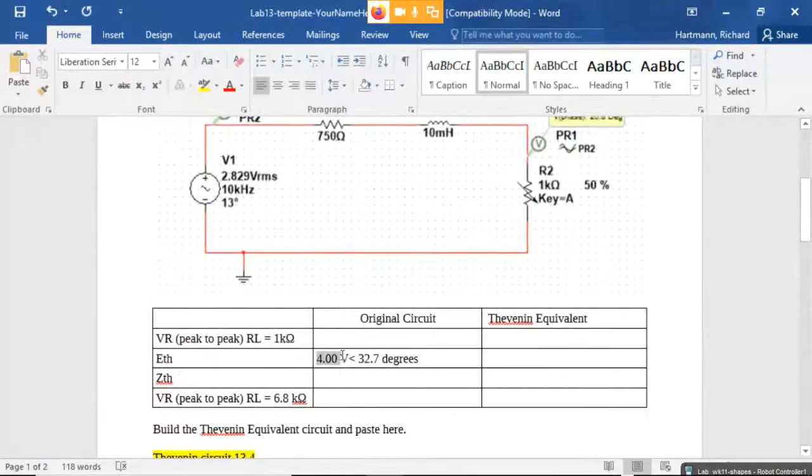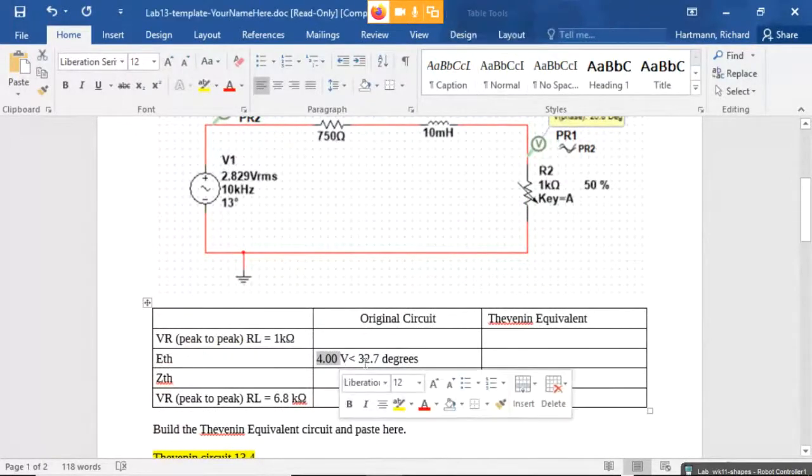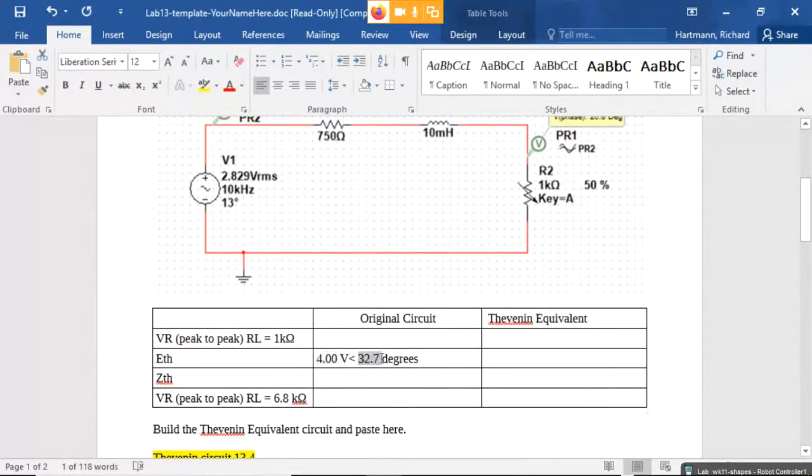Now, these values, I do want to see the 3 significant digits and the units. Like I say, you can just type out degrees if you want, but whatever voltage. And for ohms down here, you can put ohms plus J, something like that.